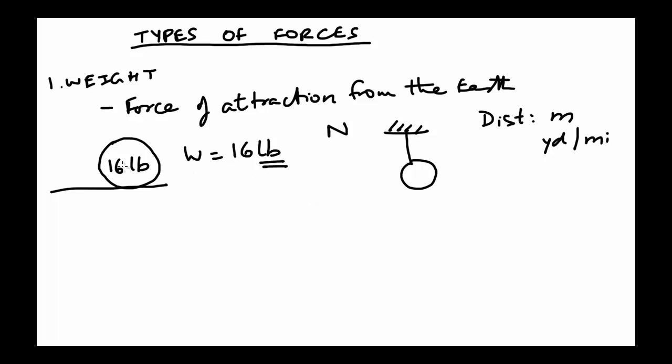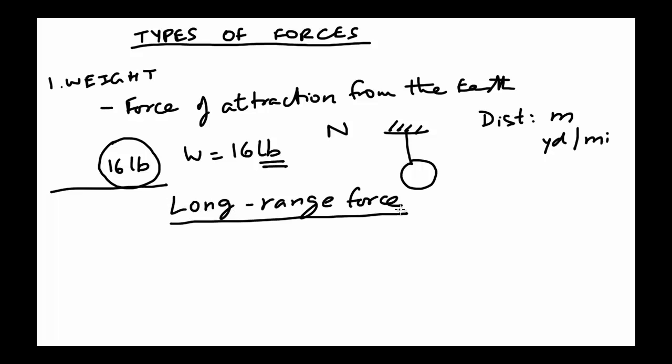So weight is a long-range force, meaning that the object and the agent do not have to be in contact with each other. And you can see for weight, the object is whatever is the object of interest that we are talking about that's at or near the surface of the earth, and the agent, as we discussed before, is simply the earth. Now, since weight is a force and force is a vector, this must have direction.